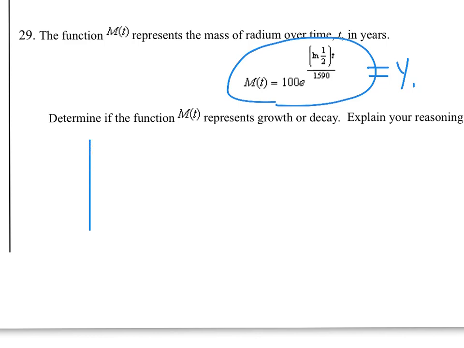And when you do that, what's going to happen is you will see a graph that goes like this. This would be your m of t equation. Okay? So obviously, I see that as time goes on, my graph is decreasing. So you could say exactly that. I would show the picture, and I would say it represents a decay.